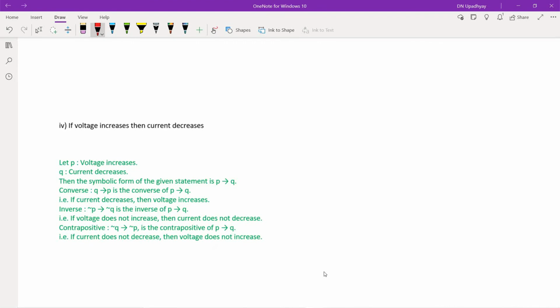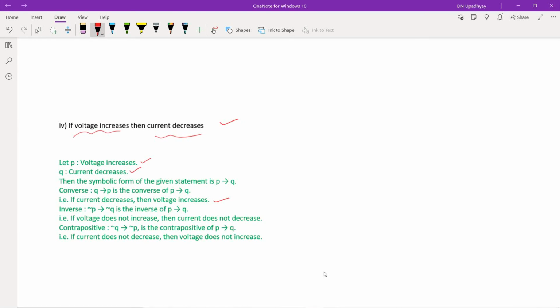Question number 4, last question. If voltage increases, then current decreases. So P such that voltage increases, Q such that current decreases. So Q to P: if current decreases, then voltage increases.